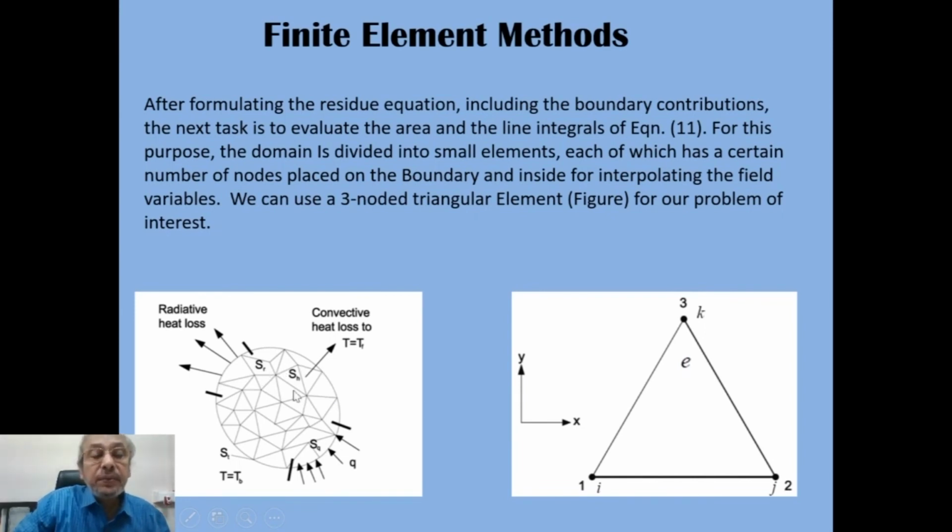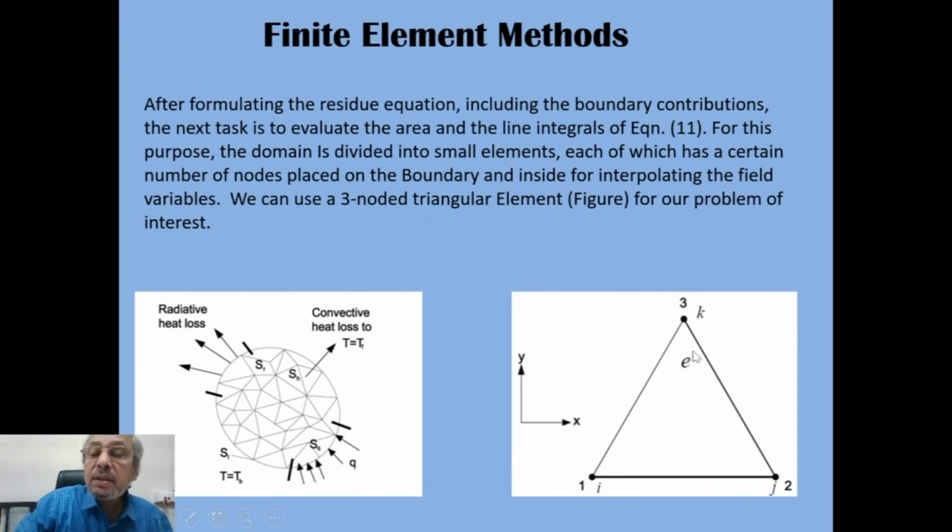In the domain of interest we are discretizing the domain by triangular elements. So the domain is divided into small elements, each of which has a certain number of nodes, and some nodes will be falling on the boundary, some nodes will be within the domain, and we will use basically a 3-noded triangular element.